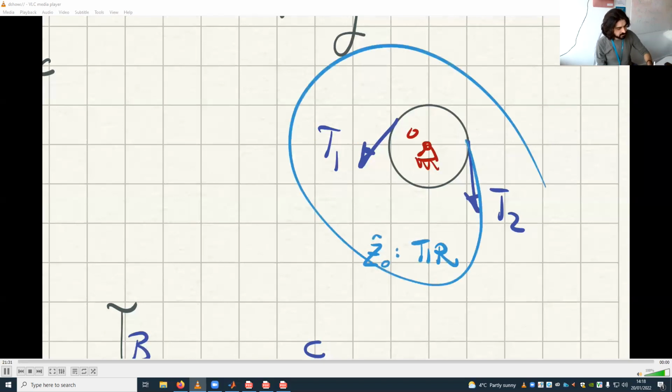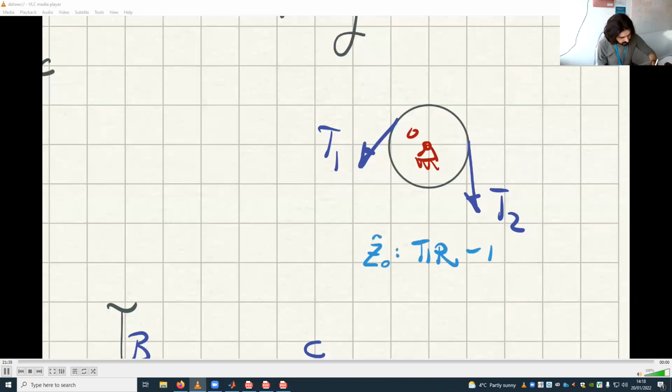Minus, because it's clockwise, T2 times the radius of the pulley. For equilibrium, this must be 0. And so that means that I can say that T1 is T2. And that's the case if you have no friction and no mass.